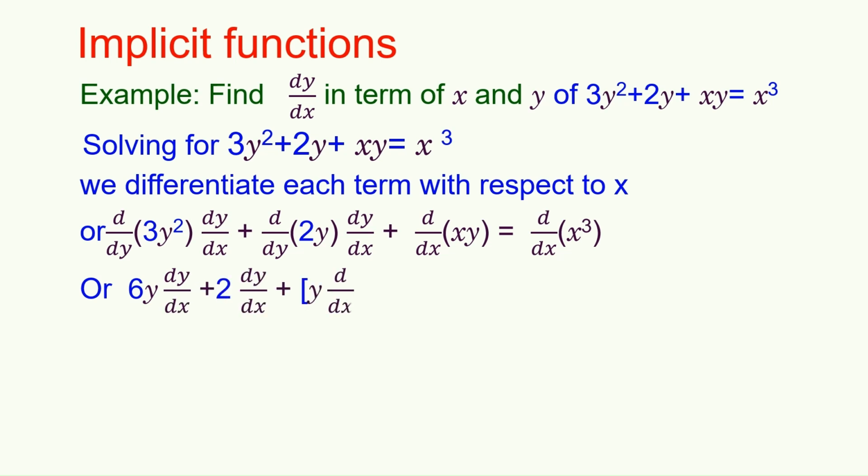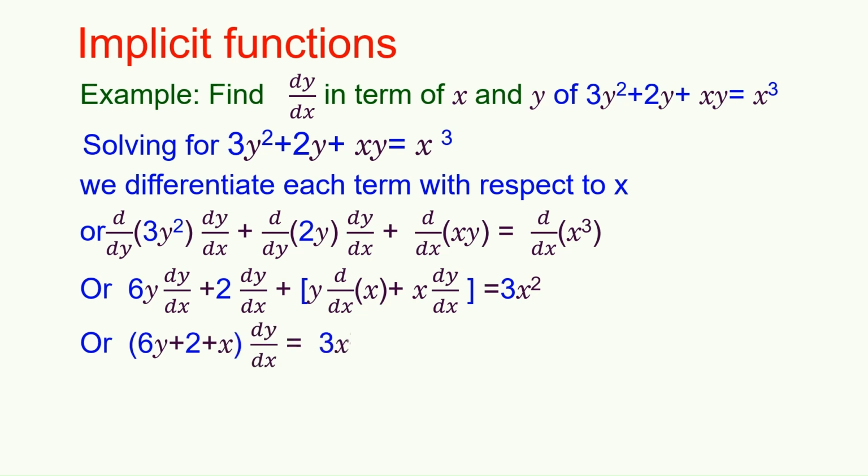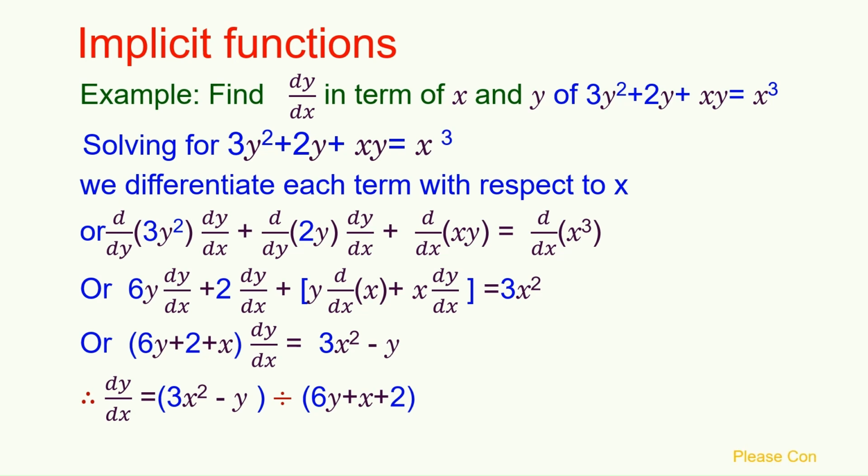Or 6y dy/dx plus 2 dy/dx plus, in brackets, y d/dx of x plus x dy/dx equals 3x squared. Or (6y plus 2 plus x) dy/dx equals 3x squared minus y. Therefore dy/dx equals (3x squared minus y) divided by (6y plus x plus 2).